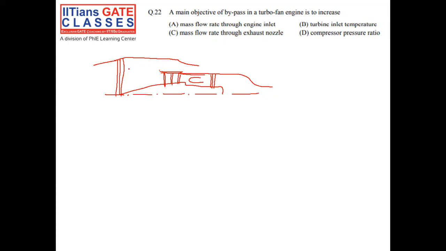So this is a schematic of half of the cross section, only the upper half of the cross section of a turbofan engine. Now this is a fan in the inlet, in front of the turbofan engine. And then this is the compressor. This is the combustion chamber. This is the turbine. And this is the exhaust nozzle.